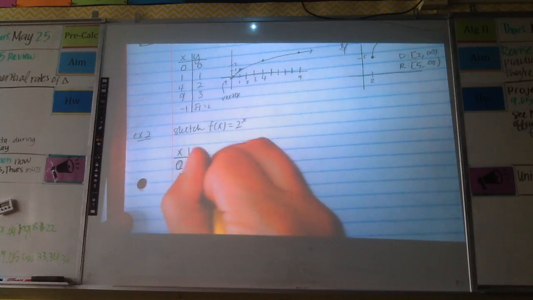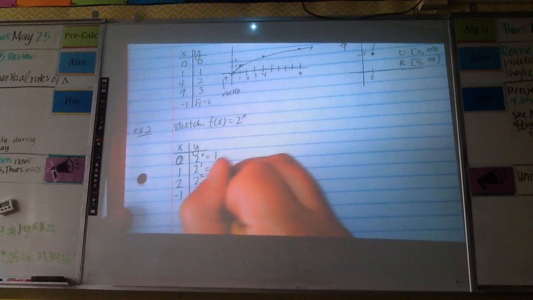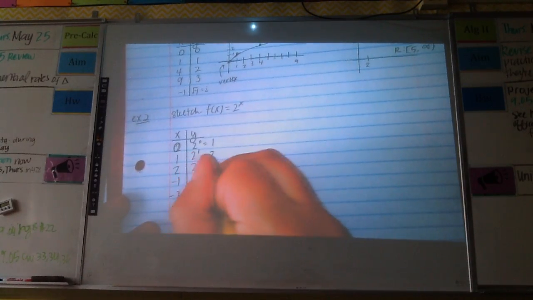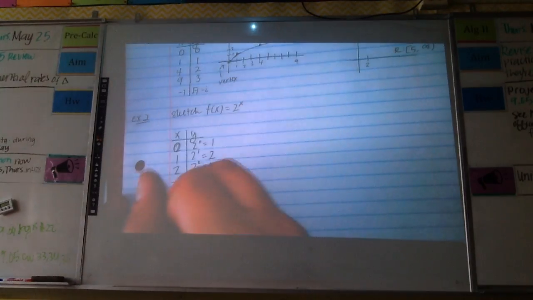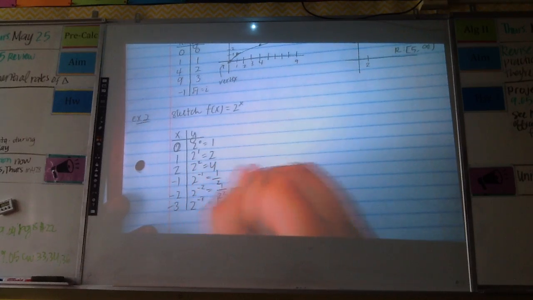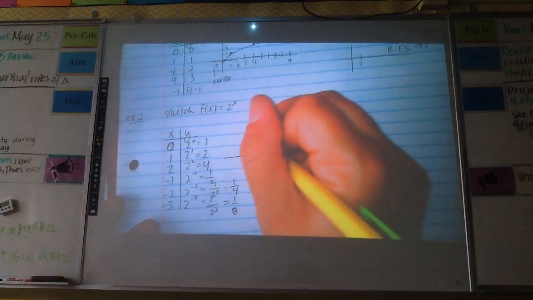Plug in 2, 2 squared is 4. Plug in -1, 2 to the -1, oh, that's 1/2. Plug in -2, 2 to the -2, that's 1 over 2 squared, so that's a 4th. Plug in -3, 2 to the -3 is 1 over 2 cubed. Oh, that's an 1/8. Oh yeah, now I remember.